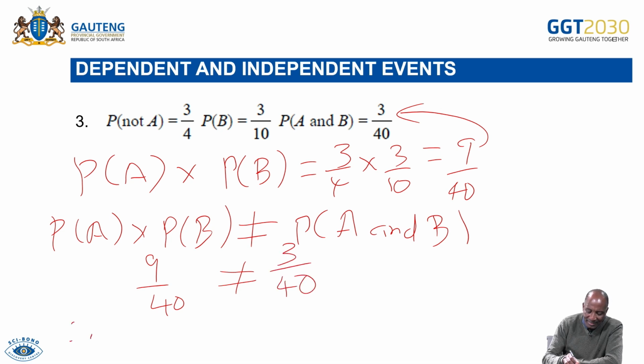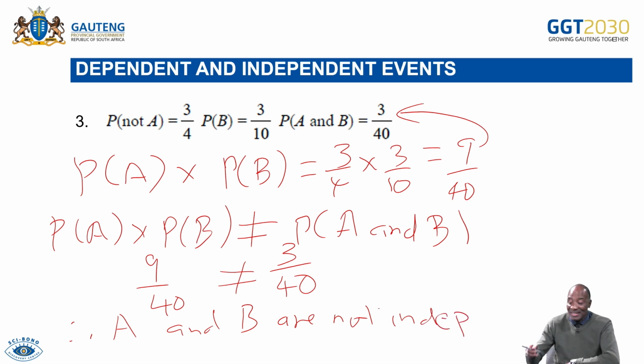Therefore, events A and B are not independent. I don't know whether I will say they are dependent, but it's at your own risk, because they may not necessarily be dependent as well.